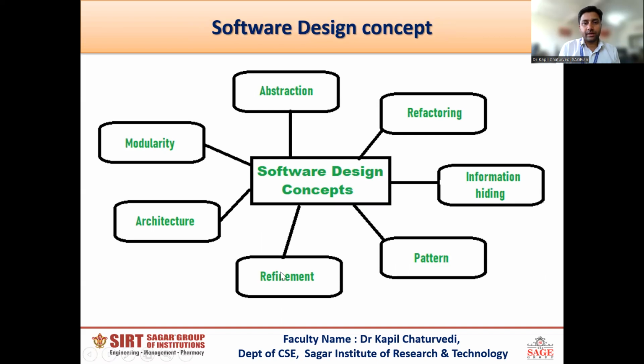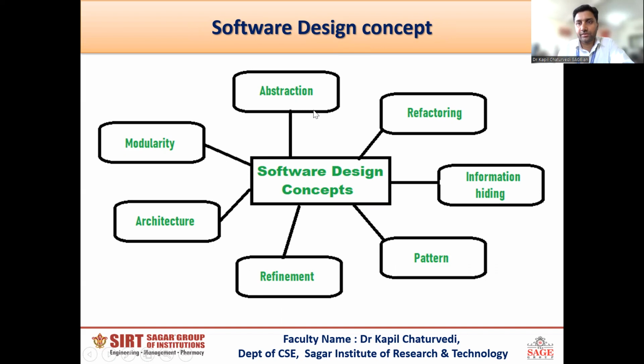Then I'm giving one diagram in which we will discuss the software design concepts. So what is actually a software design concept? Some of the points you are very familiar with, like abstraction.